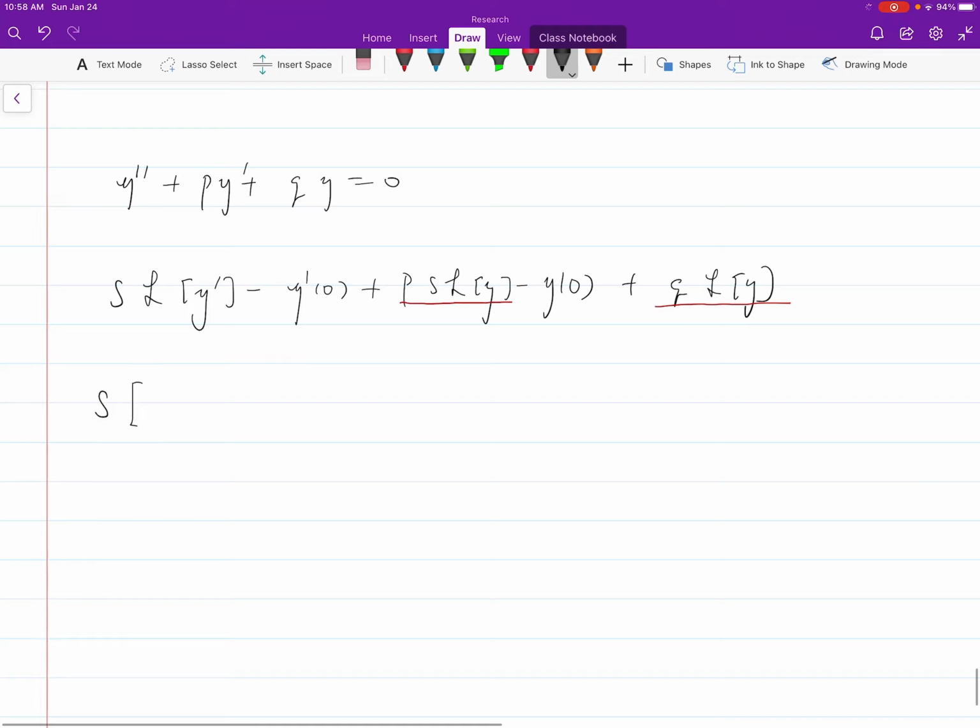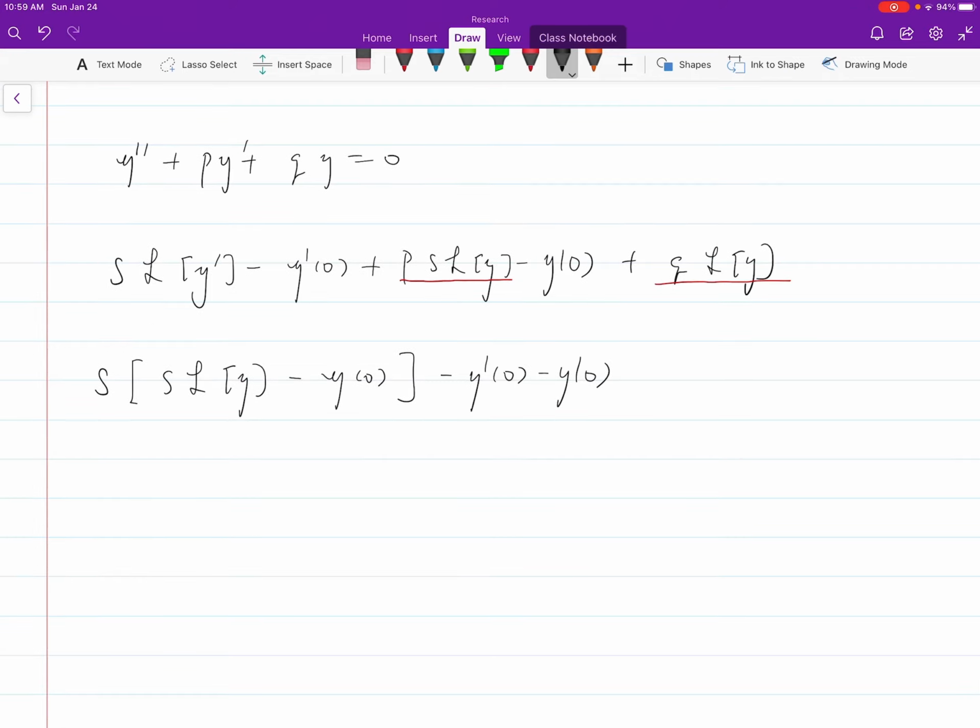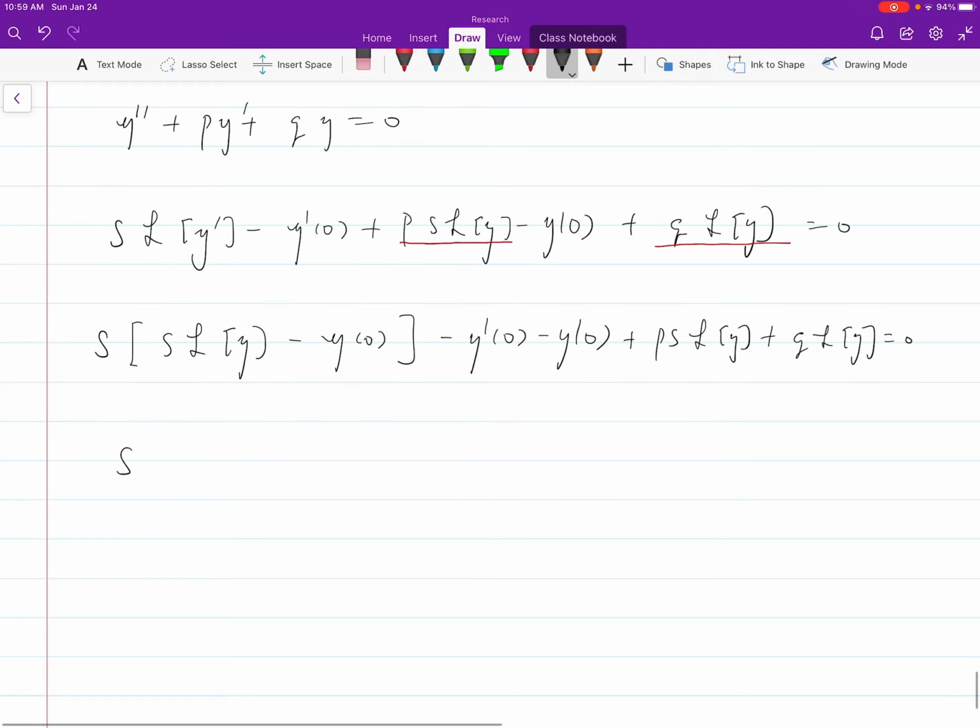Finally, y0. These are just constants, right? You can actually move everything else without a constant to the other side. And finally, put everything together. You have s squared plus ps plus q Ly equals y0 plus y prime 0 plus sy0.